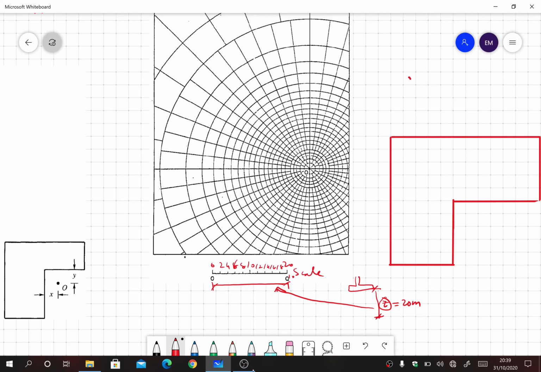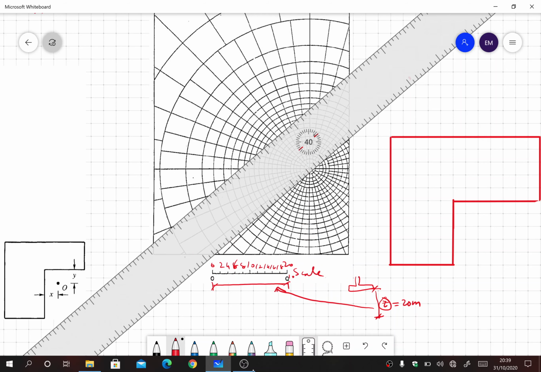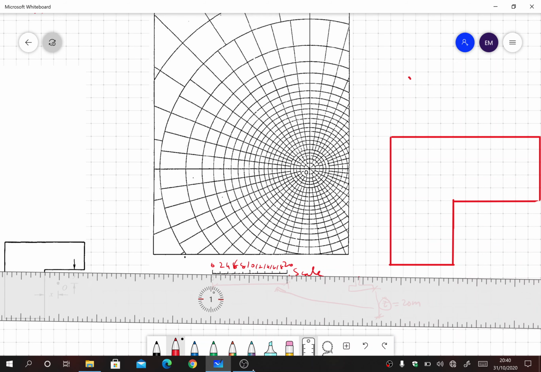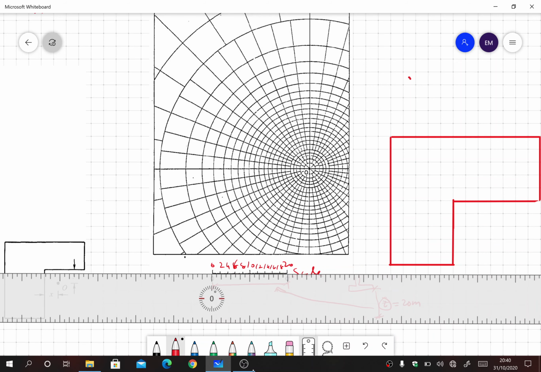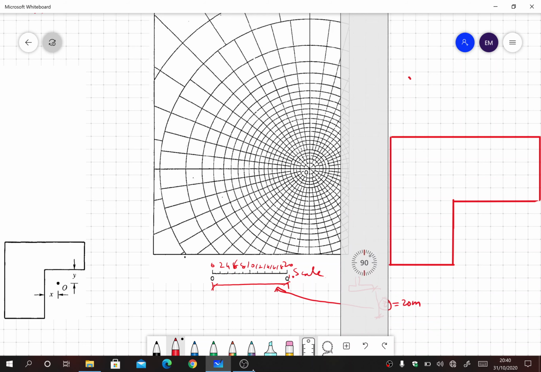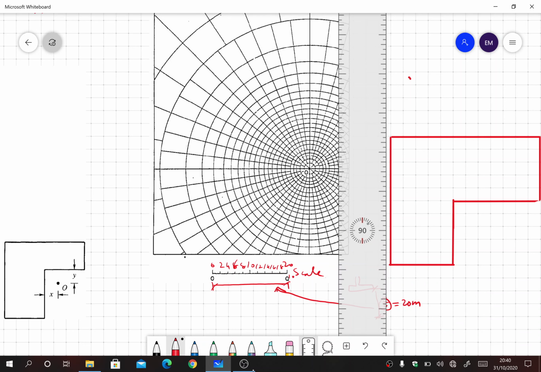So let me convert that for you. If you look here, this is almost the same scale. So from 1, 2, 3, 4 and 5, 1, 2, 3, 4, so 4 digits here and 8 digits here are equal to 20. I will use this figure to plot the values here. So I have drawn the figure here.